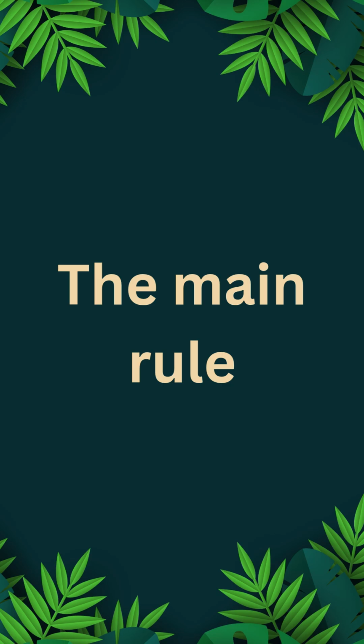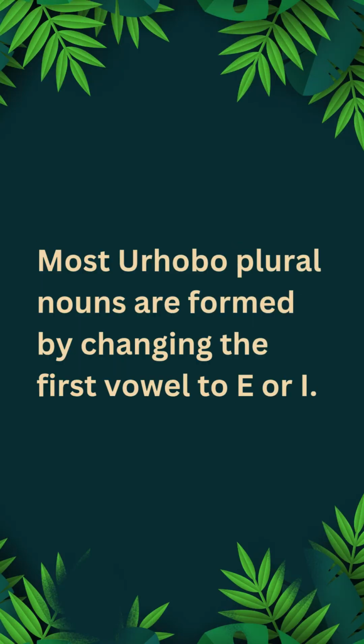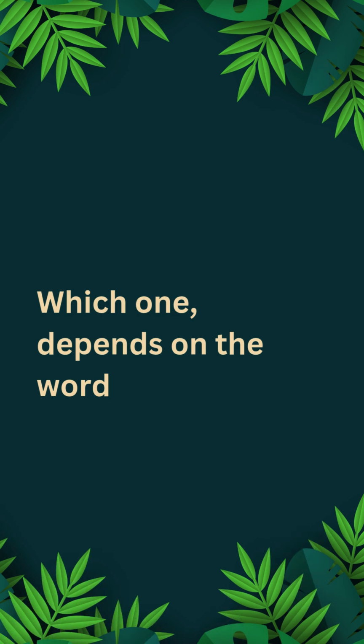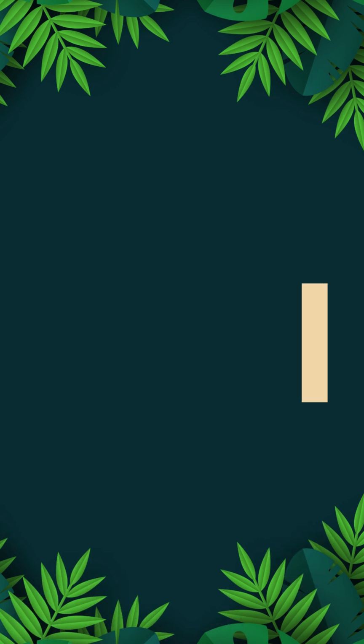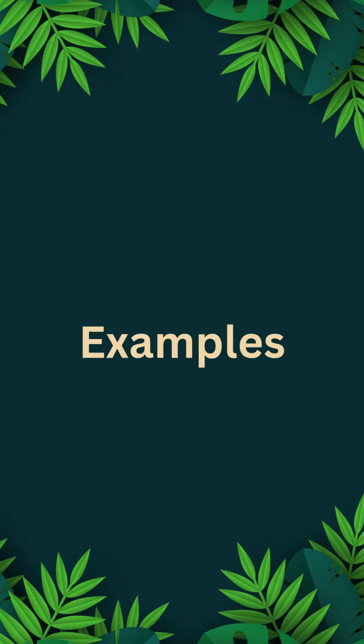The main rule: most Urhobo plural nouns are formed by changing the first vowel to a or e. Which one depends on the word, but don't worry, we've got some examples.